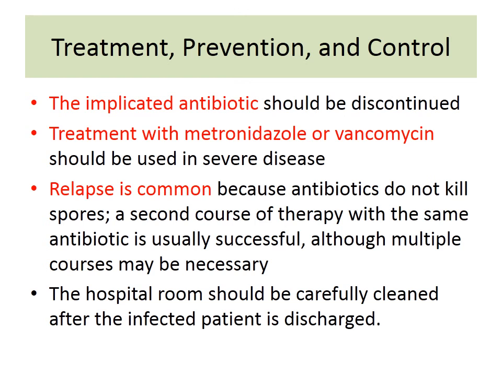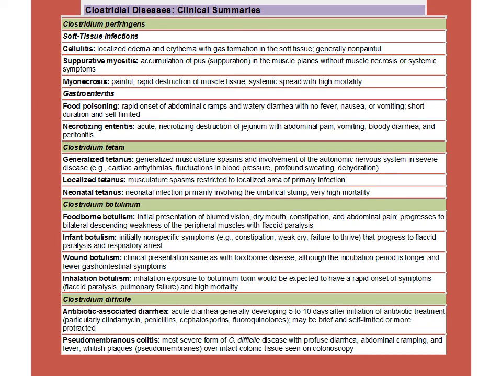So I would make a chart, and I do see that your chart over here, which I found very good, shows Clostridium perfringens, the disease it causes, Clostridium tetani, the disease it causes, Clostridium botulinum, the disease it causes, and Clostridium difficile.